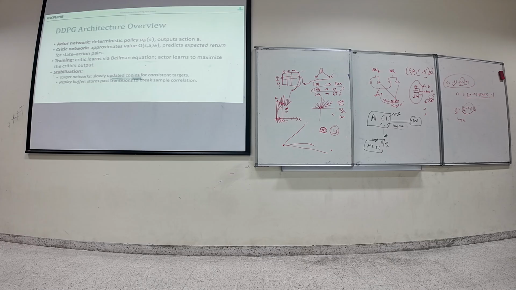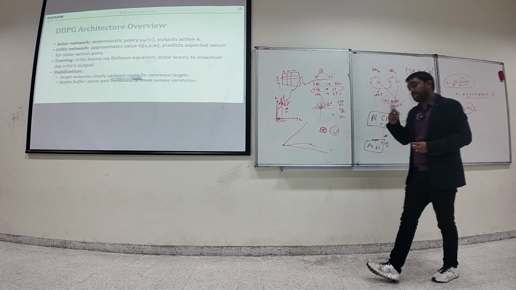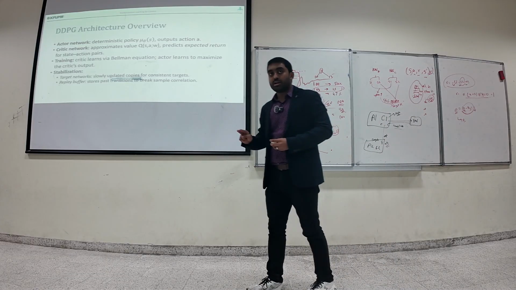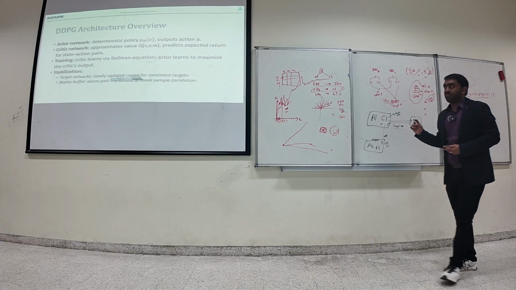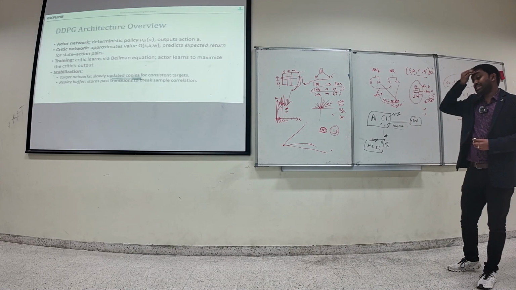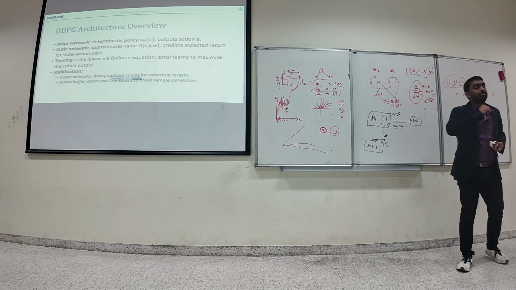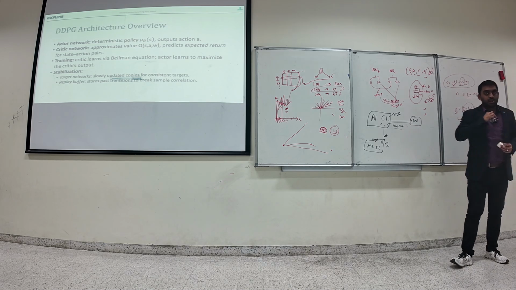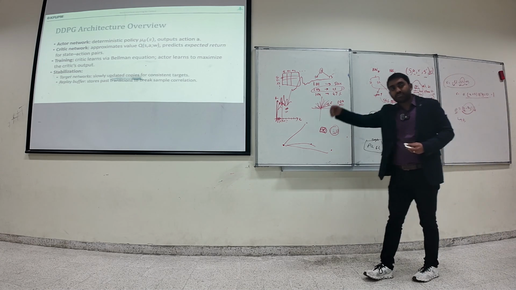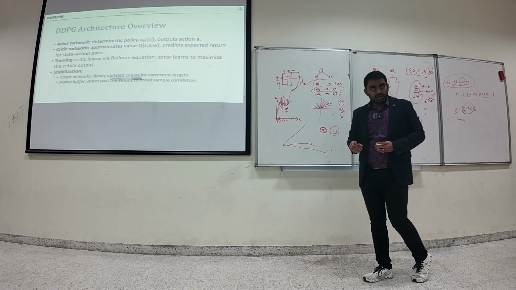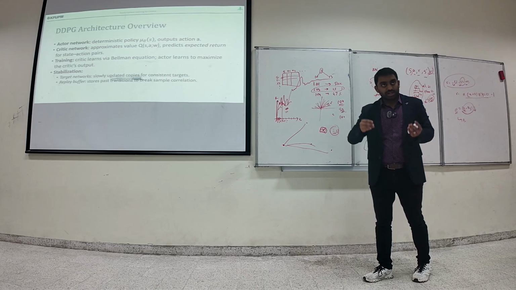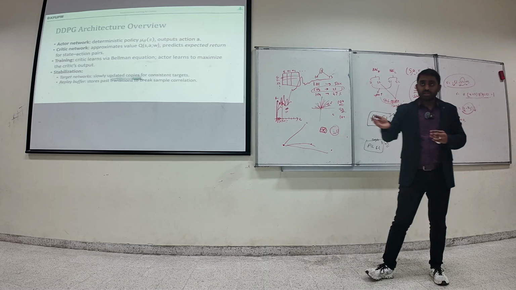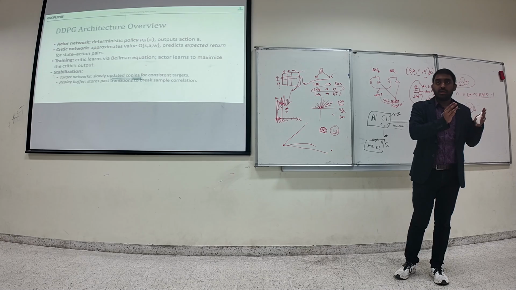In this, you have two sets of neural networks. You have two actor networks, two critic networks, for stabilization of learning. So in the training, you will see that the actor parameters are updated based on the gradient from the critic. The critic is optimized through the interactions, and based on the gradient, we will update the actor.